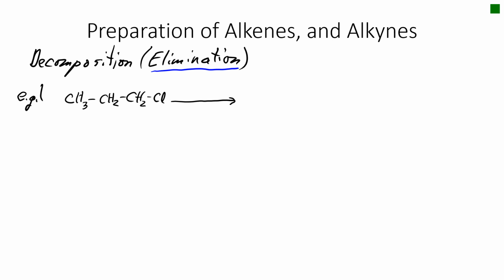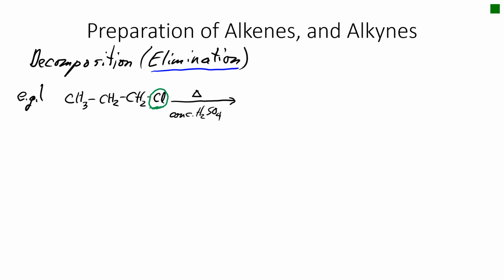Whenever this is going to happen, the reaction conditions will always be heat, that's that little triangle, and concentrated H2SO4. Now, in order to remove something, first of all, you look for the functional group, which in this case is going to be the chlorine. And so the chlorine's got to come out.